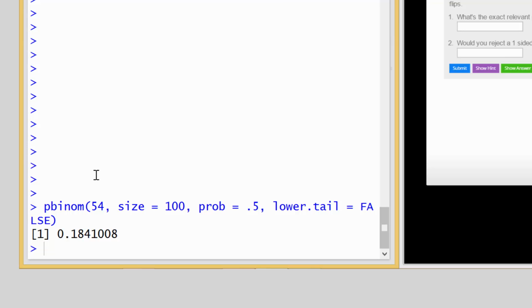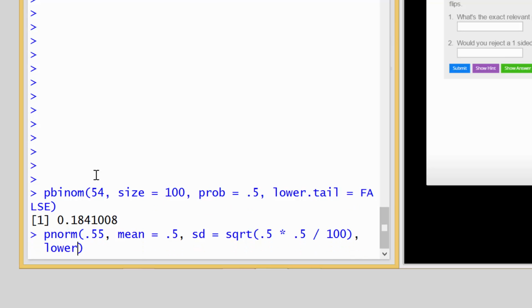So here, if I want to do this with a normal approximation instead of the binomial, I would do pnorm, my sample proportion 0.55, my mean is 0.5 under the null hypothesis, and my standard deviation is the square root of p, which is 0.5, times 1 minus p, which is also 0.5, divided by n, which is 100. And then I want lower.tail equals false.